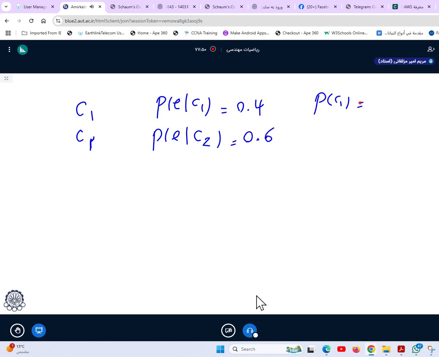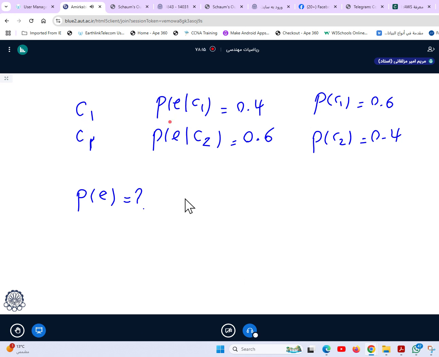Probability of class 1 is given, and probability of class 2 is given. The question is the probability of error without any conditions. What's the probability of error without any conditions? Please consider that we have two classes, for example, two classes in a classification task.